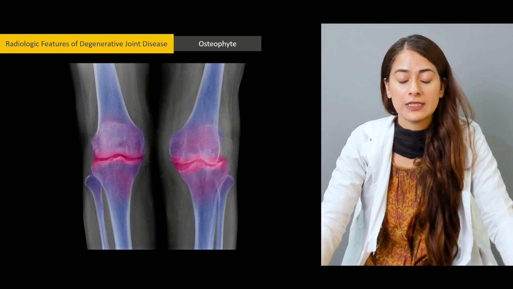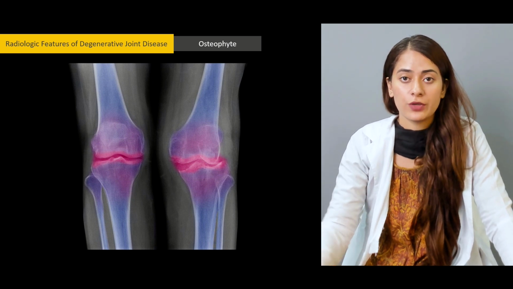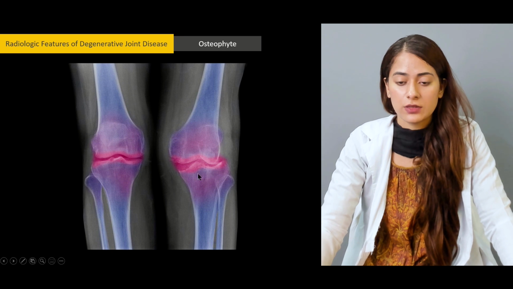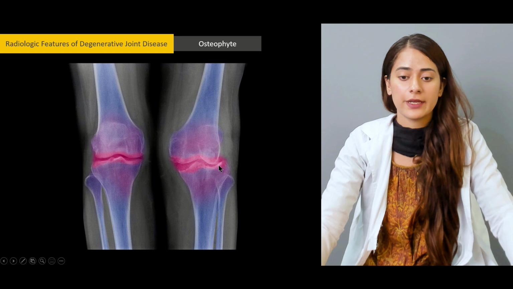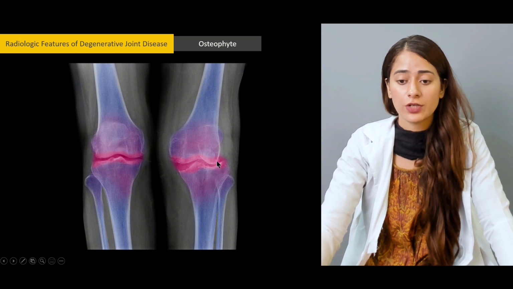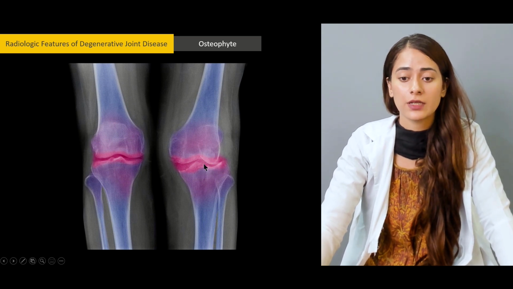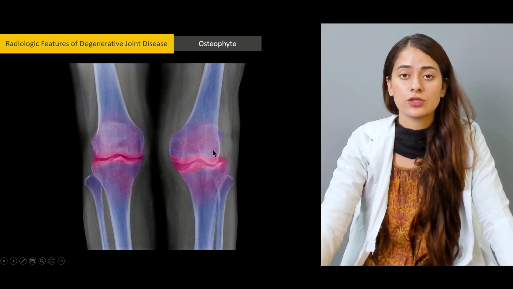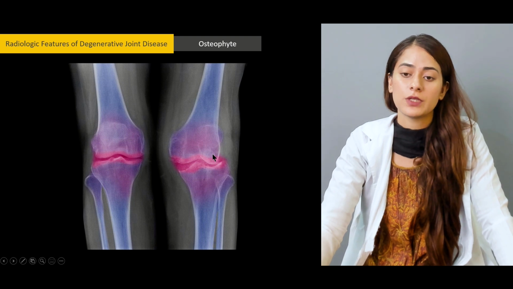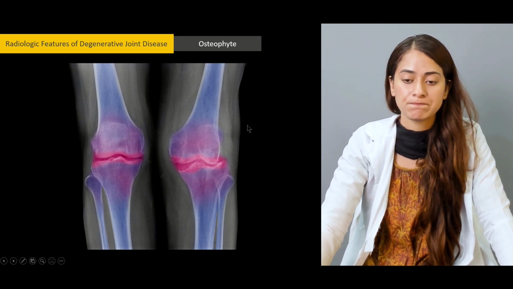It will disrupt the entire flow of the intercartilaginous fluids, and all of those structures will be influenced and further damaged, and the degeneration will obviously progress because of osteophyte formation.